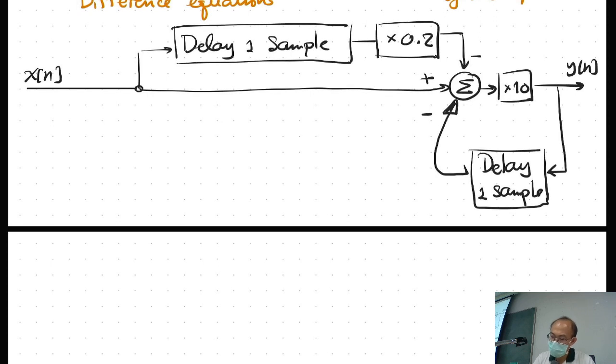Now we will be talking about linearity, some important properties of discrete time systems. There are an infinite number of discrete time systems in the universe, right? But here we are only interested in some of them.